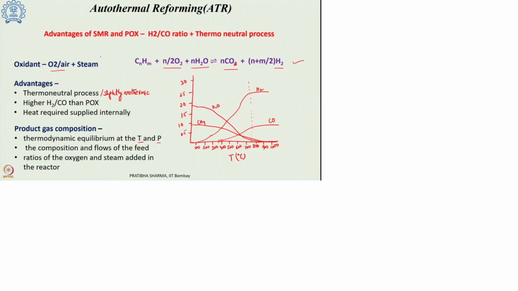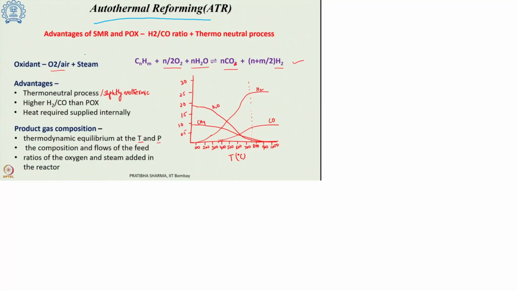Okay, next is autothermal reforming. At the start of my lecture, I told you the sequence of our lecture in the second week. This is the last part, autothermal reforming.